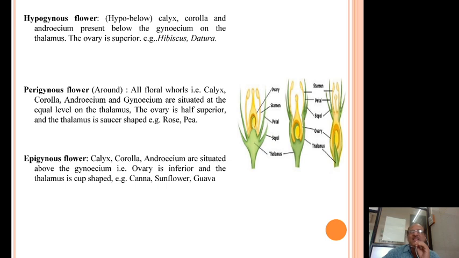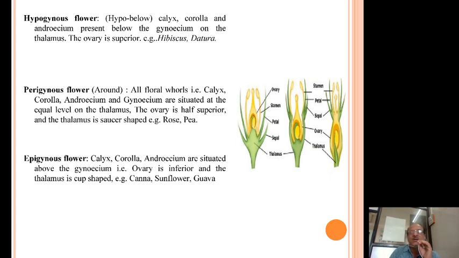So what we do is insert the shirt in the pants. You are inserting the shirt inside the pants. That is the insertion. Similarly here, the floral whorls are inserted on the thalamus.